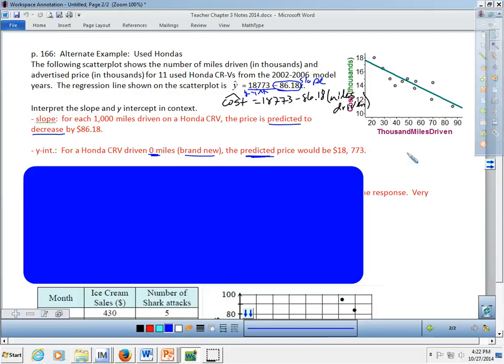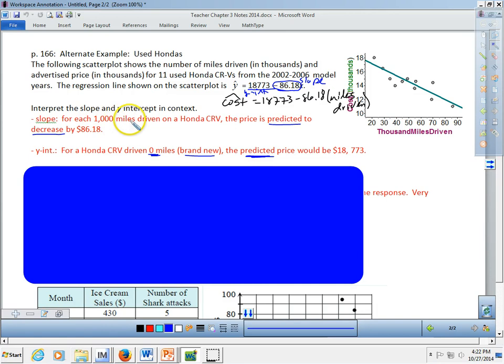But at least from this regression model, then that line is a model, just like a normal curve is a modeling of a single variable distribution. That line is just a model. Our model suggests that a brand new CR-V would cost about $18,773. Okay? That's how you would interpret the slope and the y-intercept.